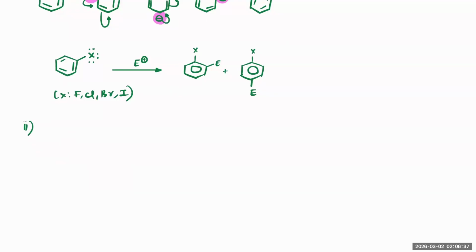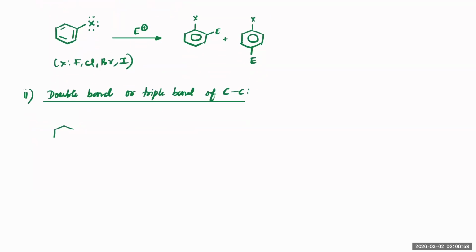So if you notice case 2 here, other than lone pair, even if you have a double bond or triple bond of carbon-carbon, you will still have a similar result. That is, benzene having CH double bond CH2.